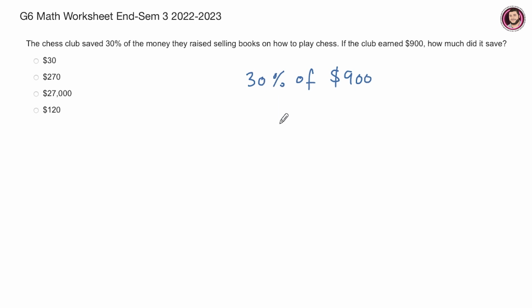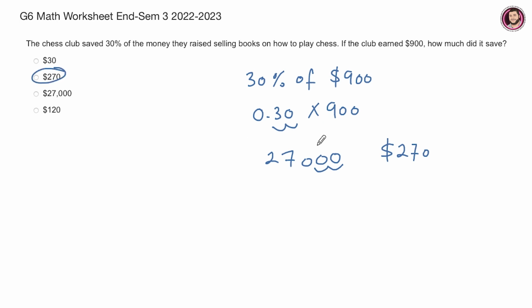So we'll convert 30% into decimal form, 0.30 multiplied by 900. Now multiply 30 times 900, which is 3 zeros down, and 3 times 9 equals 27. We have two places, so place the point after two places. The answer would be $270, which is the second choice.